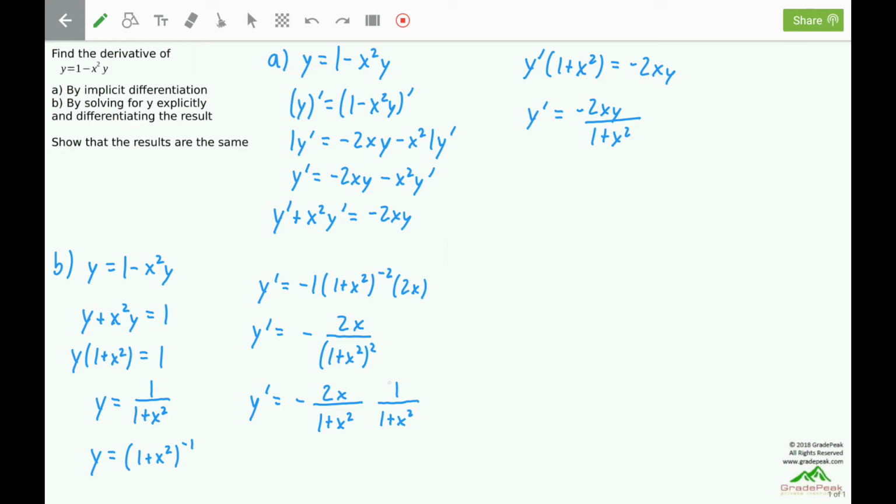But by separating them, this can be replaced with a y. And so this can now be written as negative 2xy over 1 plus x squared when this gets replaced with a y. And that matches exactly the result that we have in part A.